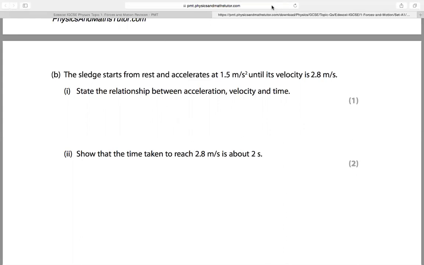Okay, so I have acceleration equals change in velocity over time. That is the formula. So to find time, I bring the time up. Time equals change in velocity, this one brought down, over acceleration.